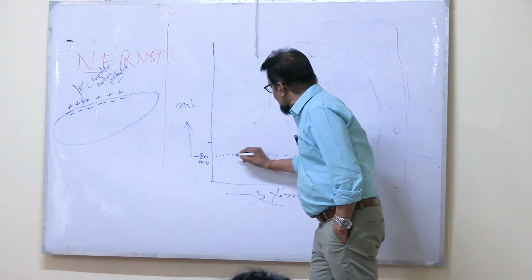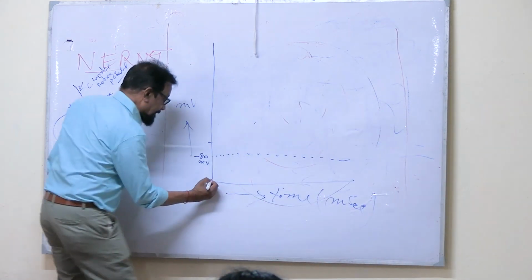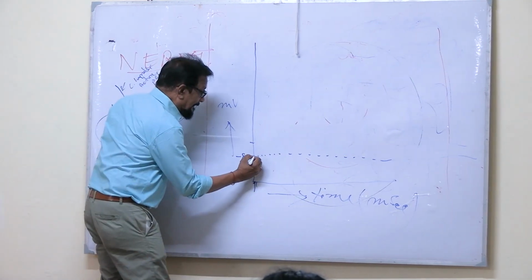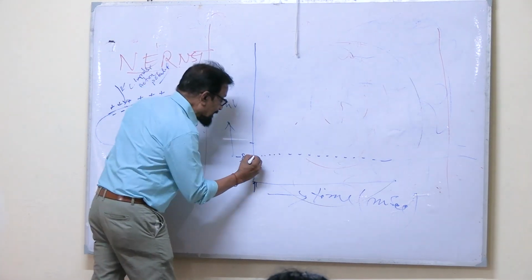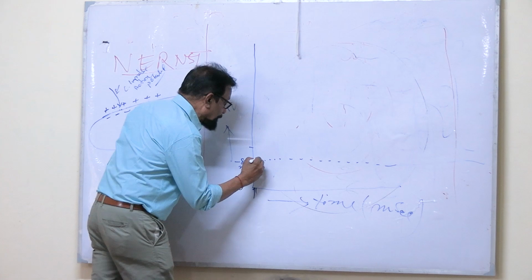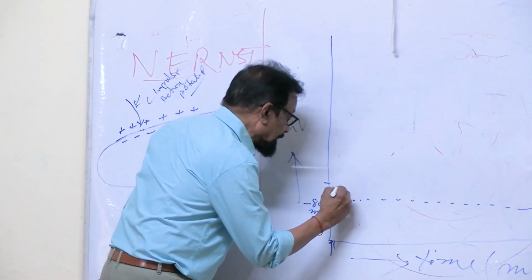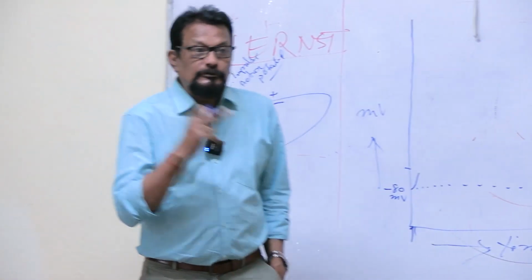Suppose this is the point where stimulus is given. Immediately sodium ion started entering into the cell. So there will be depolarization. The cell started depolarizing slowly.